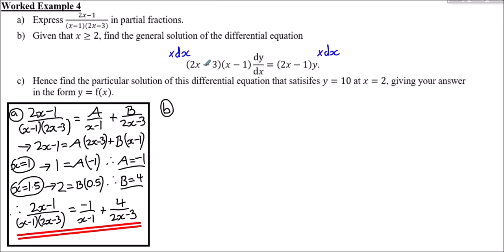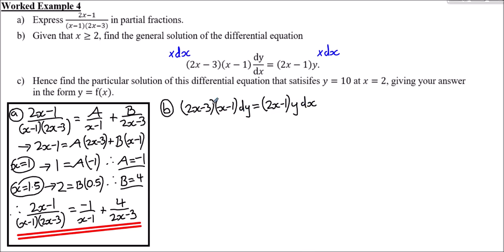What I now have is 2x minus 3 brackets x minus 1 multiplied by dy. That'll equal 2x minus 1 on the other side multiplied by y, now multiplied by dx.